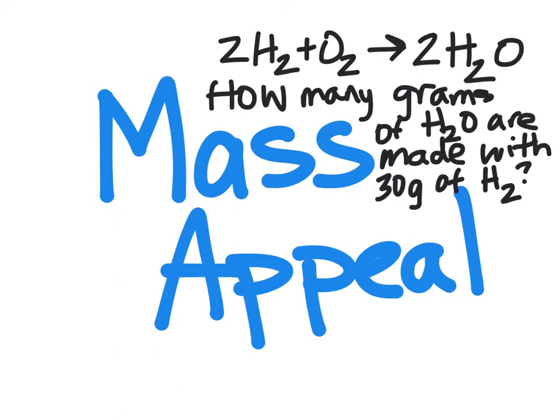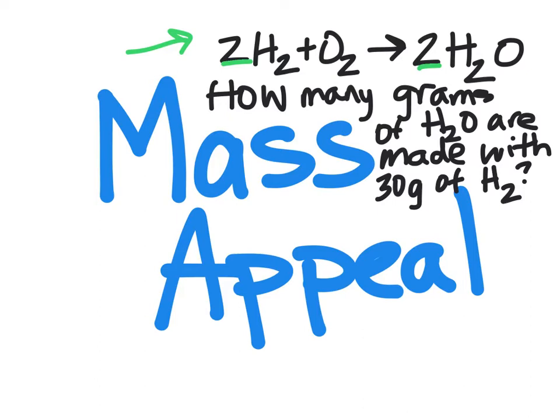For example, if I give you this chemical reaction up here for water, and I say, how many grams of water can we make if we have 30 grams of hydrogen? Remember, the coefficients tell us the mole ratio, but they don't give us a comparison for grams. So that's why we've had to do all these gram conversions.